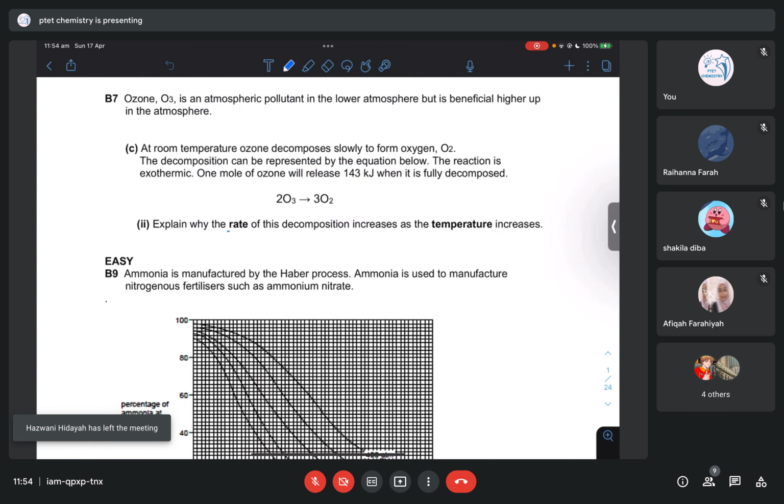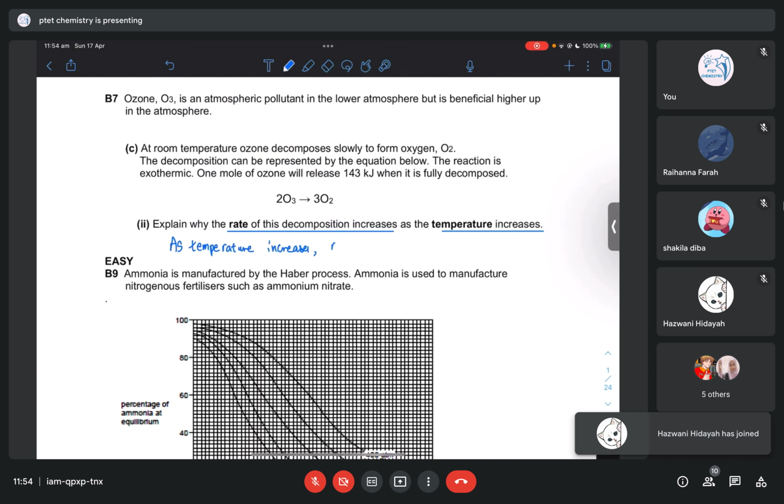Explain why the rate of these reactions increases as the temperature increases. This was what I mentioned earlier. You should be able to explain what happens in terms of the particles as temperature increases. We can say that the reacting particles, meaning the O3 molecules, will gain more kinetic energy.